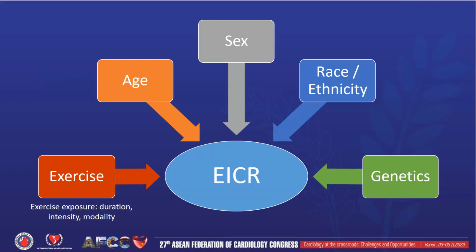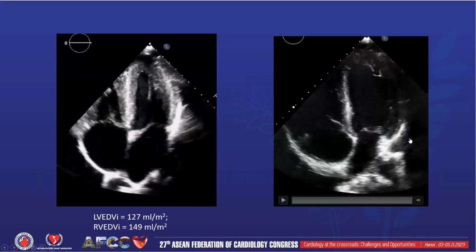Is there any period of deconditioning along the way? Those types of things. And so when I evaluate an athlete and I'm trying to understand it in relationship to the echocardiogram that I am looking at, I will take an exercise exposure history and try to sum up the amount of exercise they've done over the course of their life. Other factors that influence the cardiac remodeling process include age, sex, race, ethnicity, and genetics.